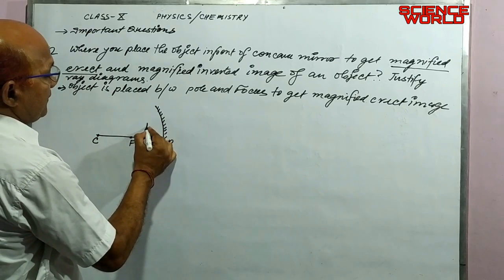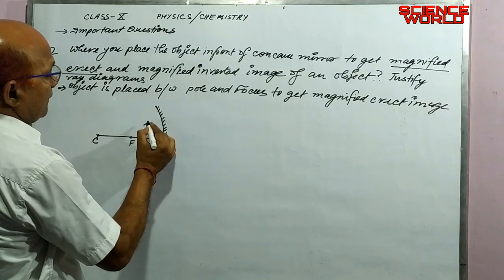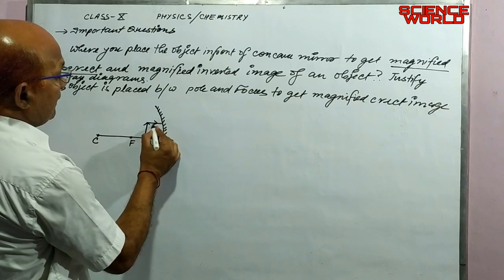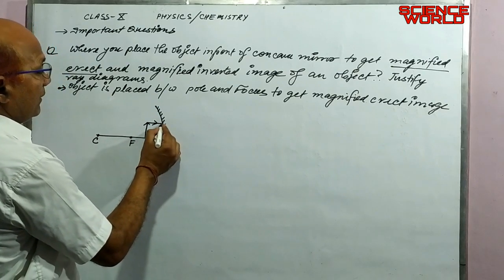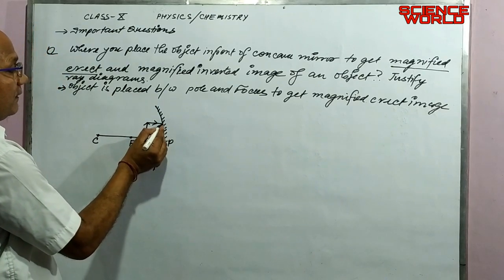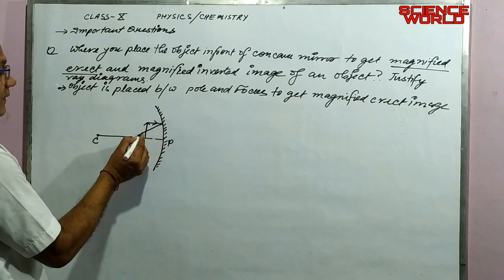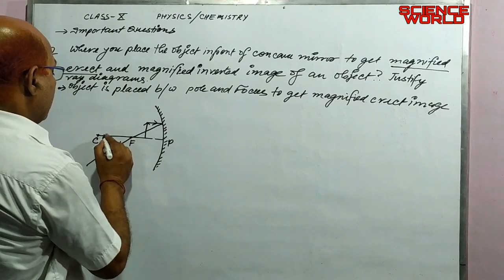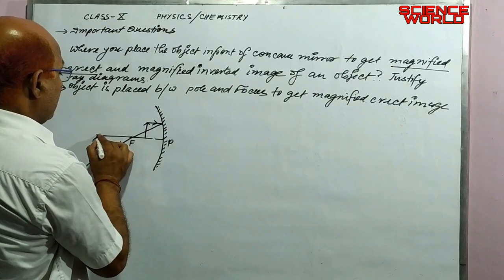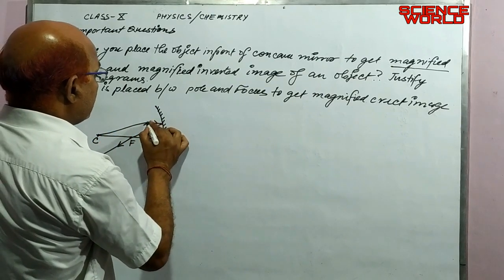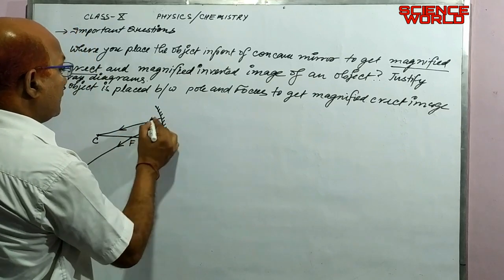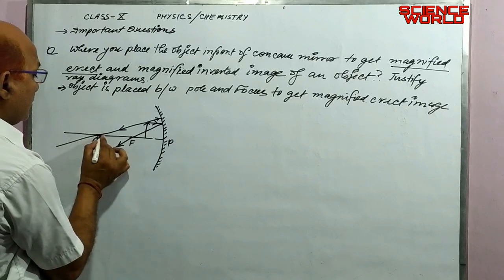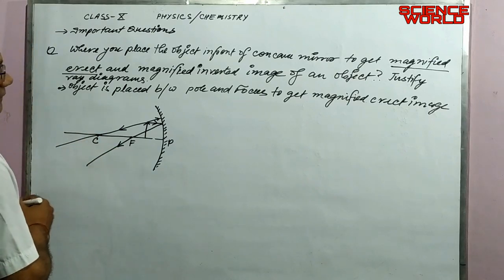Object is placed between pole and focus. We will draw one ray parallel. As rule, after reflection, it will pass through the focus, and draw another ray passing through center of curvature. Okay, like this.